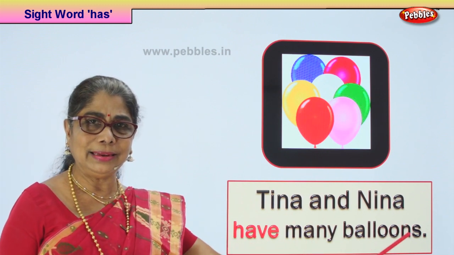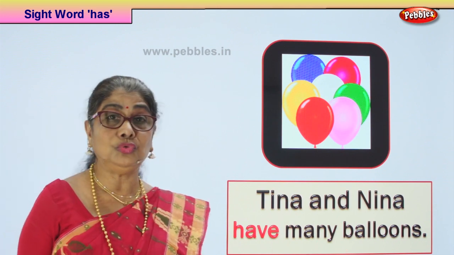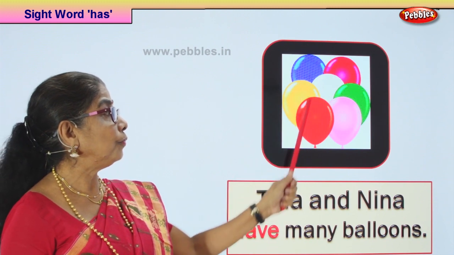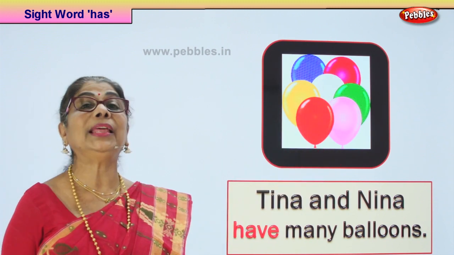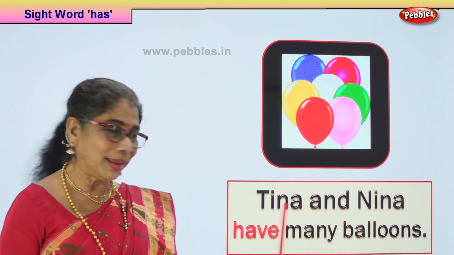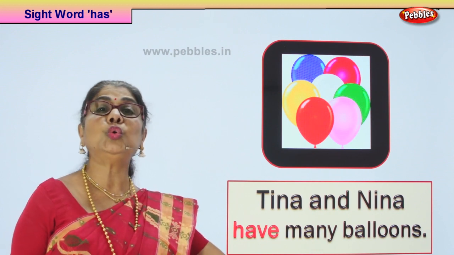Tina and Nina have many balloons. There are 1, 2, 3, 4, 5, 6, 7. But they learn to share. One will take 3 and one will take 4. Okay? Tina and Nina have many balloons.